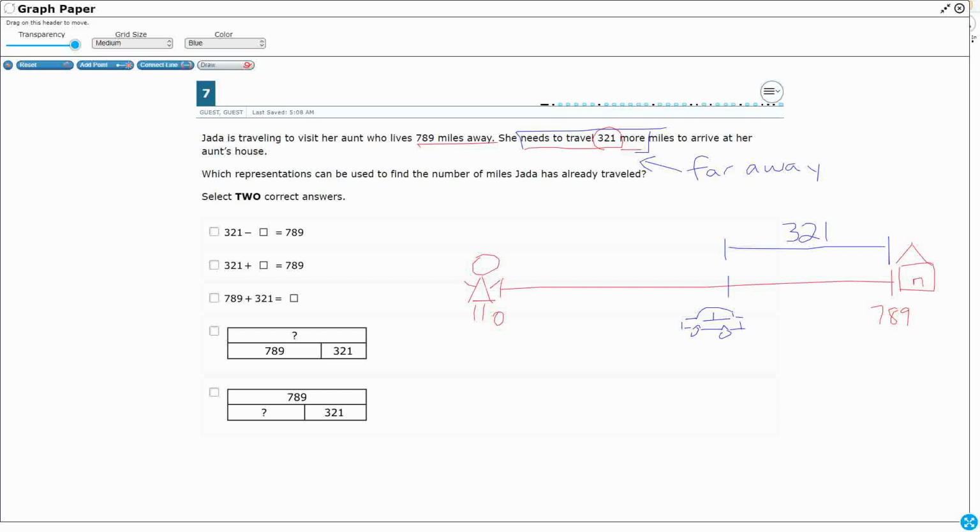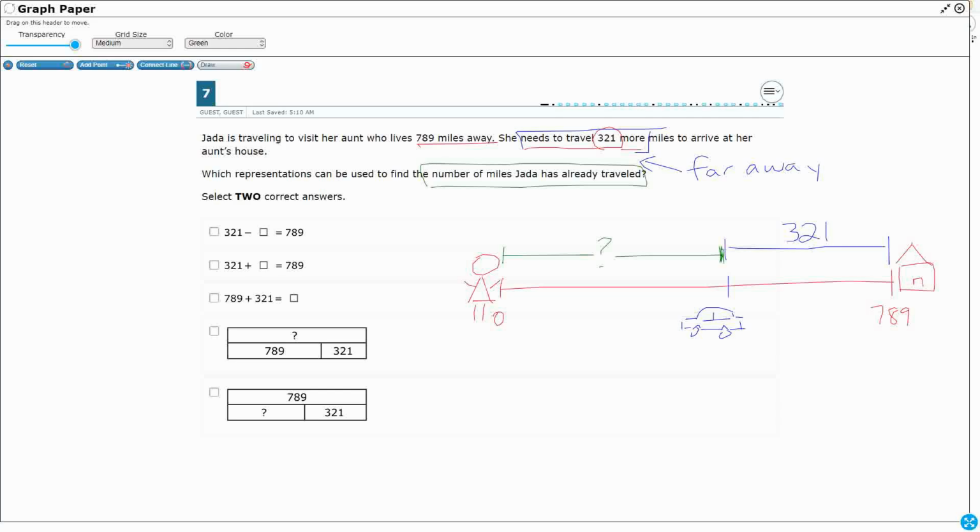All right, so we need to find two representations, and look at the question. The question is very important. The number of miles Jada has already traveled. Okay, so she's already done this. She's gone this far. She is 321 miles away from the house.